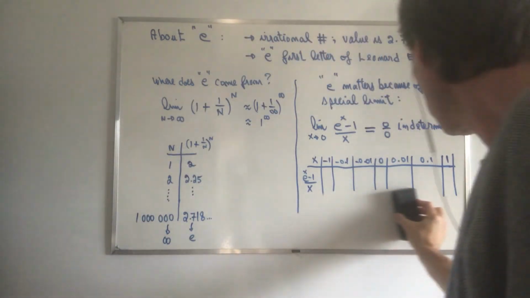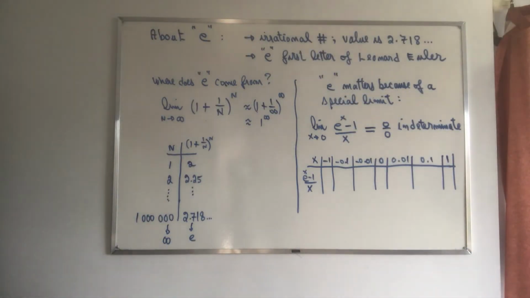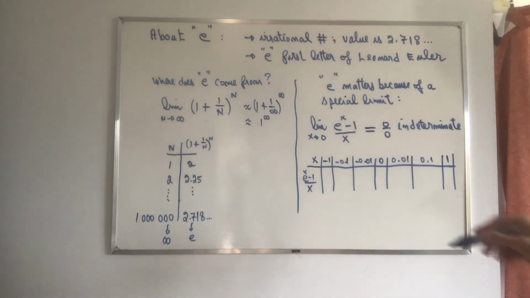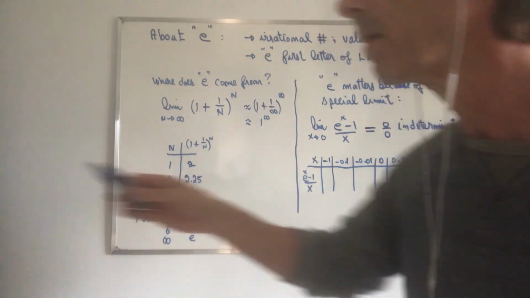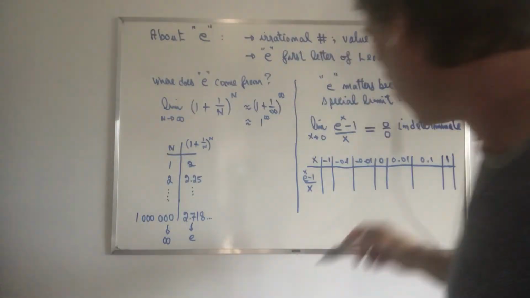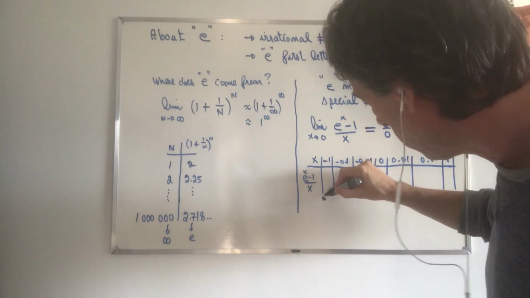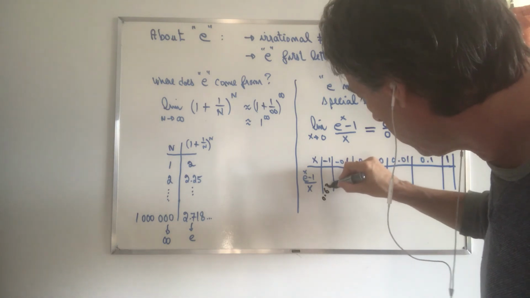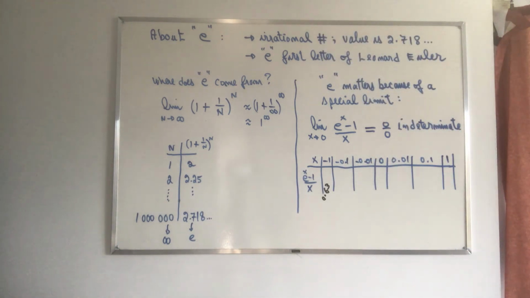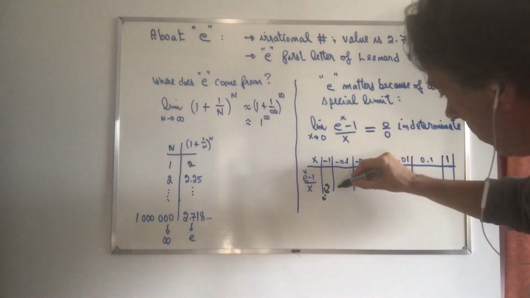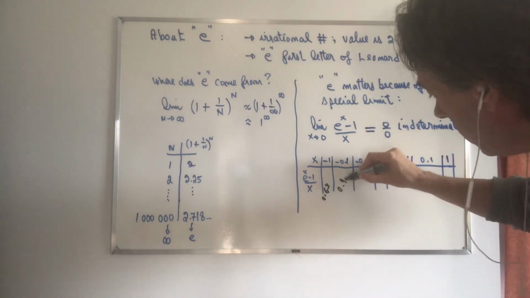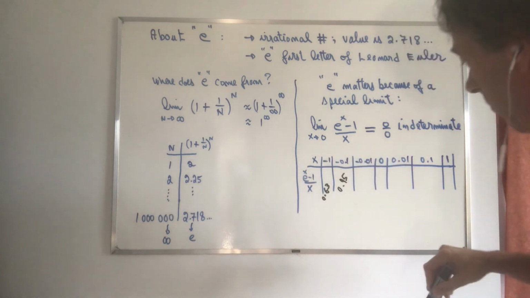Let's fill this in and see what we actually get. If you put in minus 1, you are going to get 0.63. If you put in minus 0.1, you're going to get 0.95.